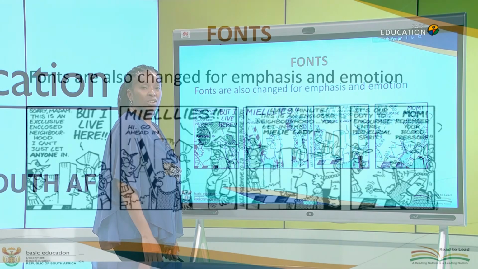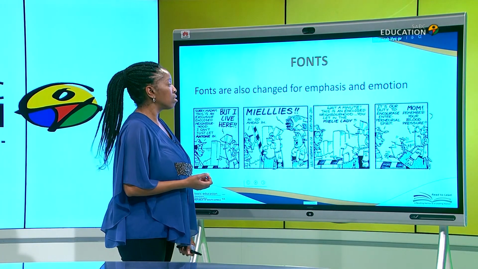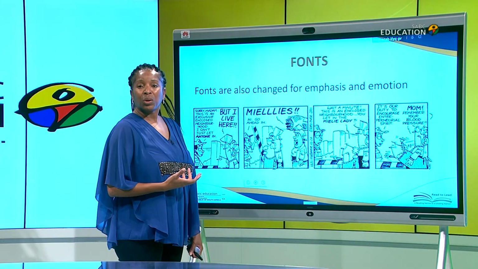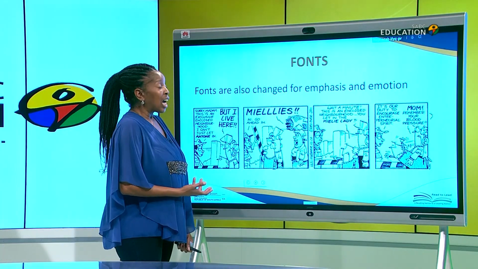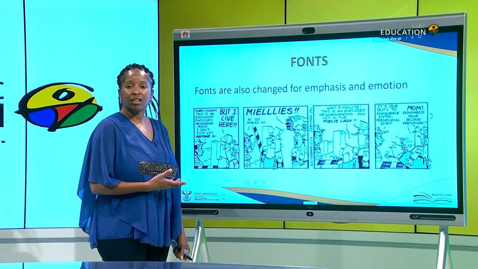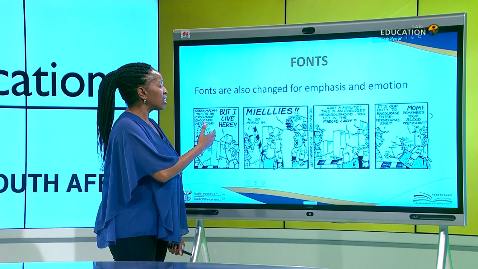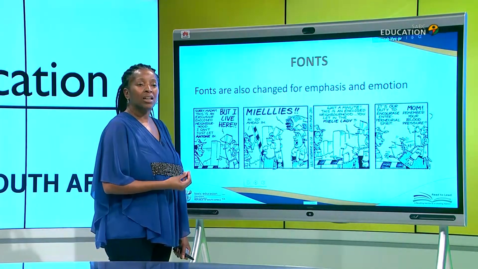Let's look at font. Font is a very important way of suggesting that somebody is screaming or somebody is talking lightly. Now, font size or the boldness or lightness of the font suggests that somebody is screaming or, again, making emphasis.